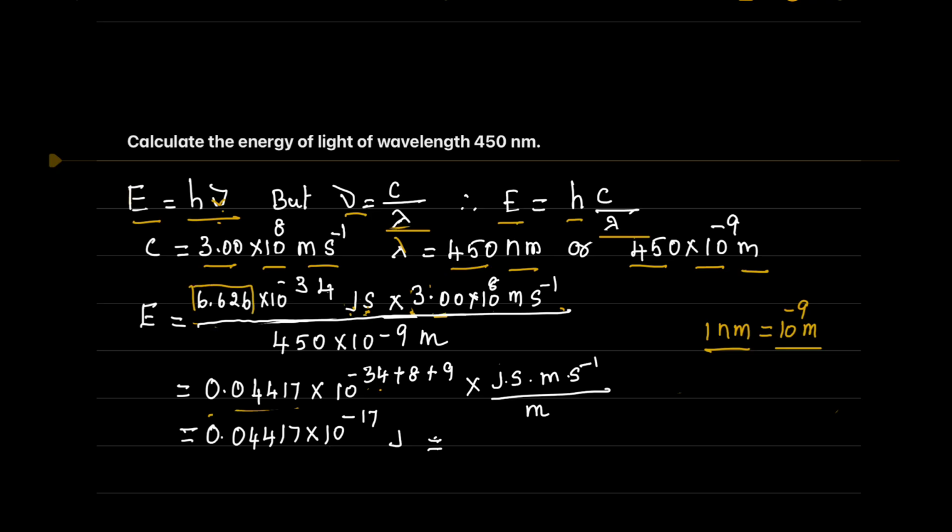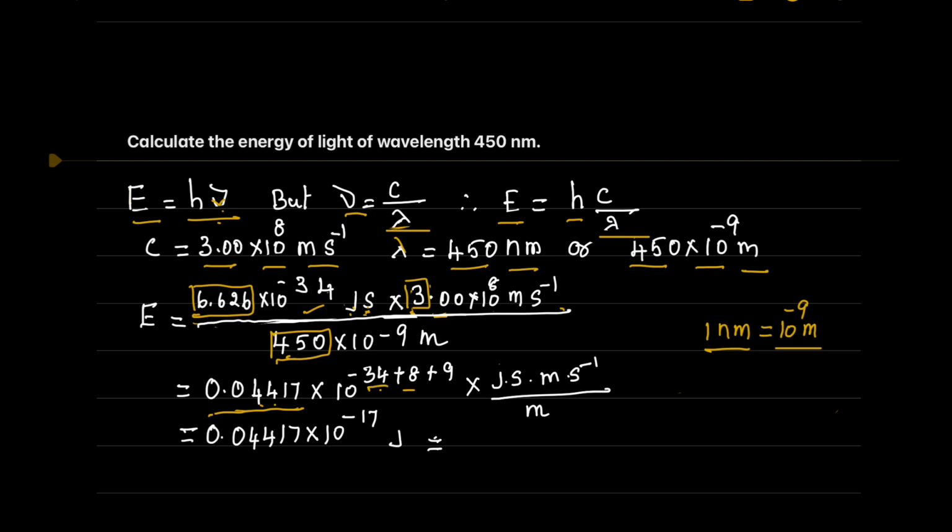Taking the numerical part, that is 6.626 into 3 divided by 450. When we simplify, we get 0.044417.